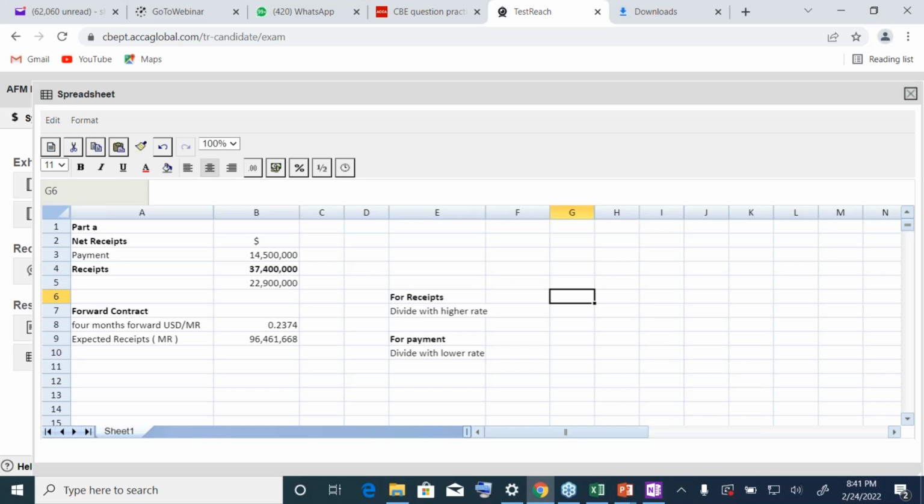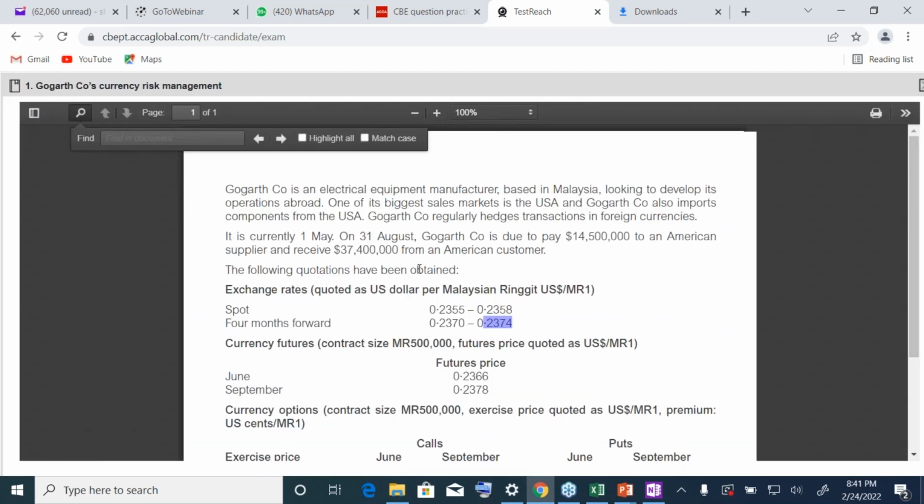The rate is dollar over MR, and the foreign currency is also in dollars. That's why you have to divide. Okay? Clear?